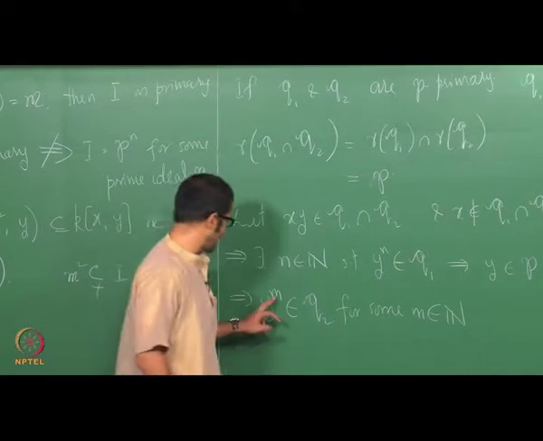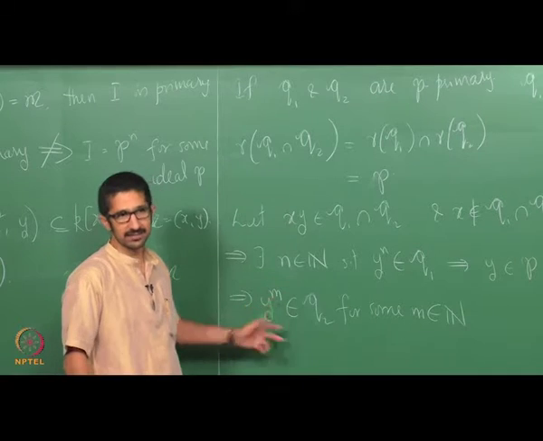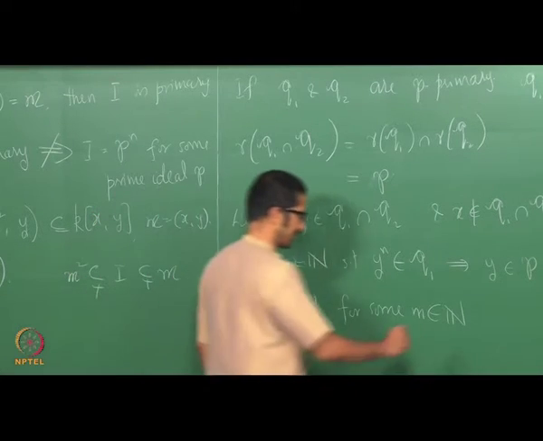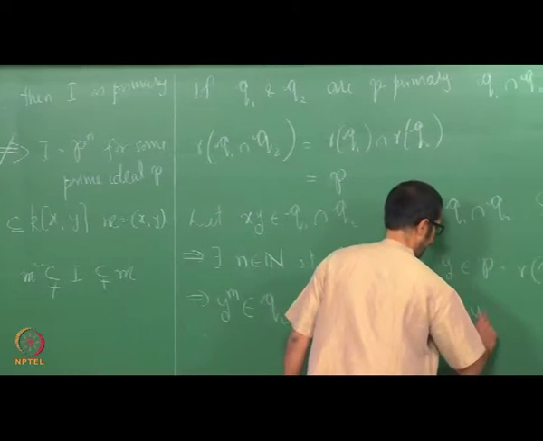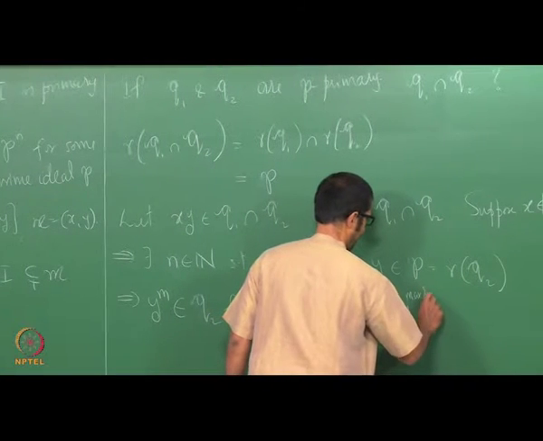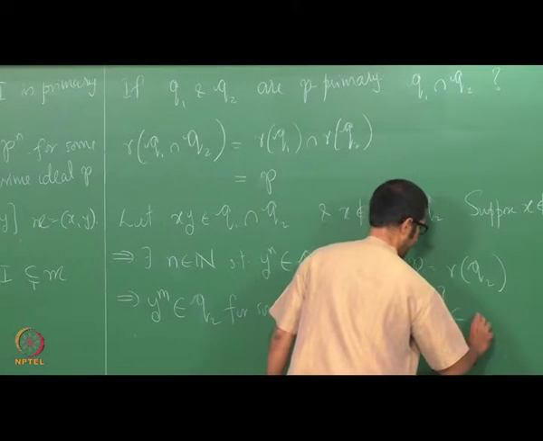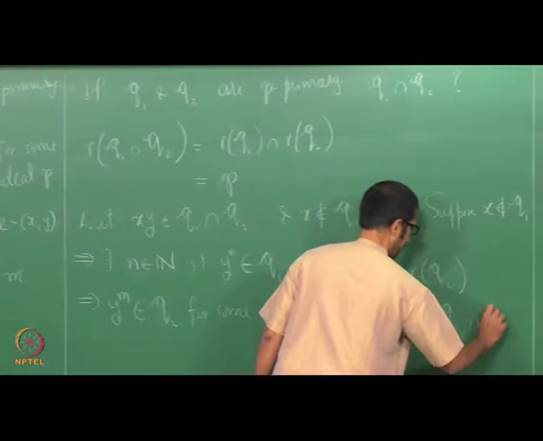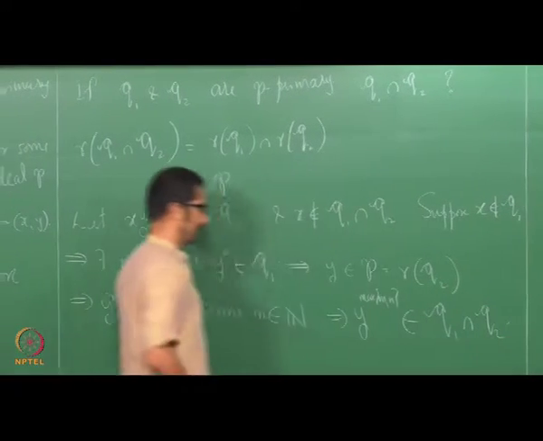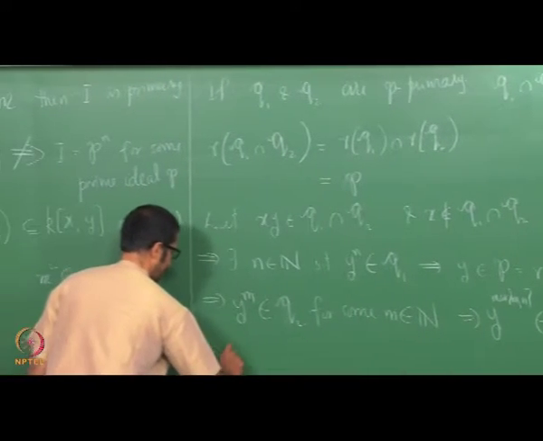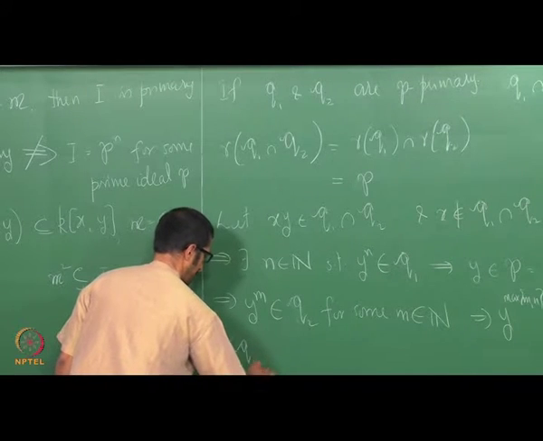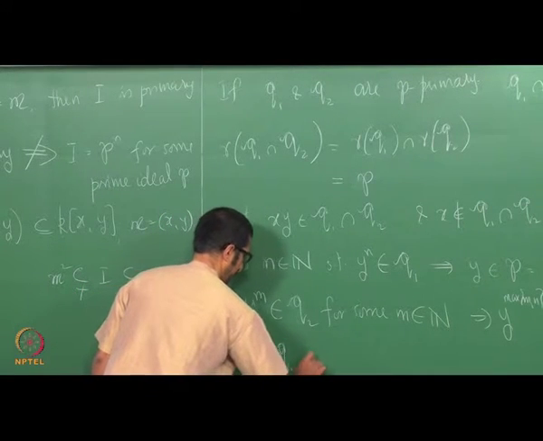So if you take the maximum of m and n, that will be in q1 intersection q2. So that implies q1 intersection q2 is p primary.